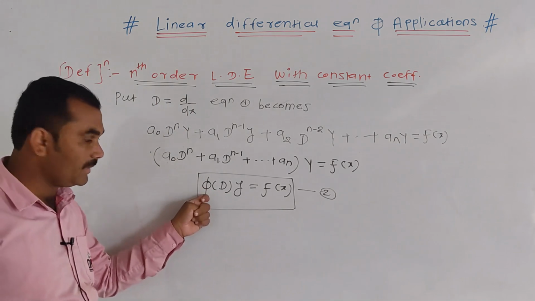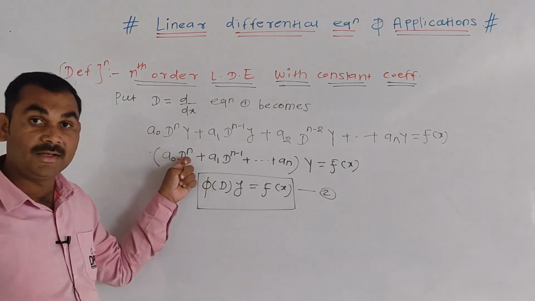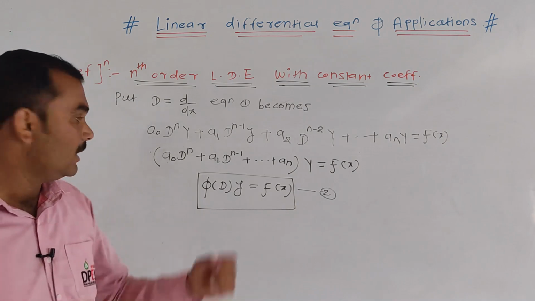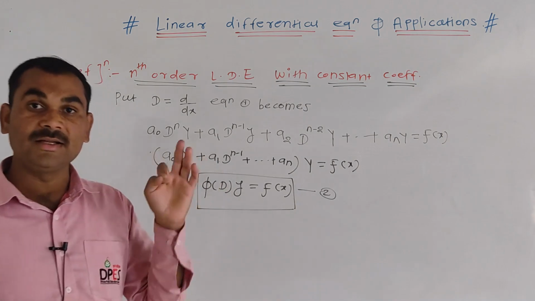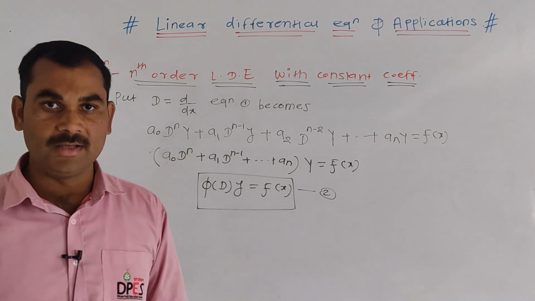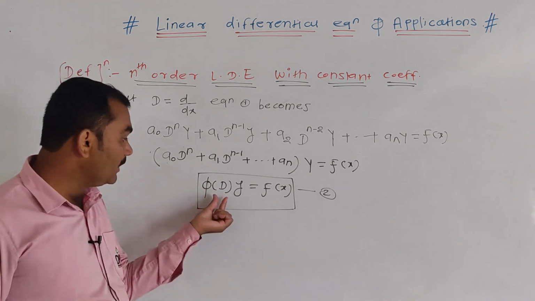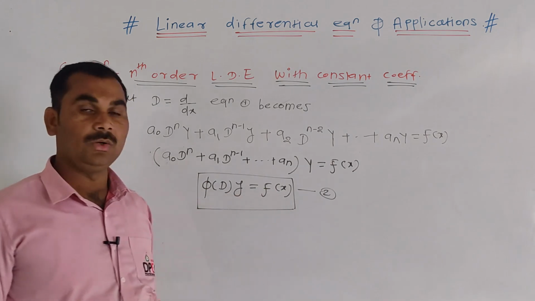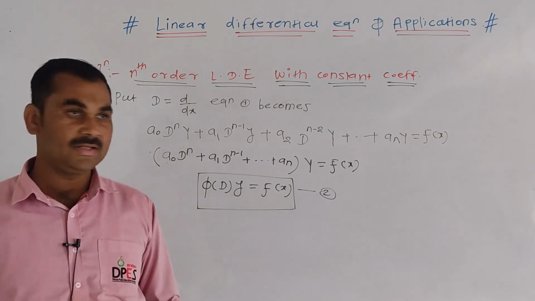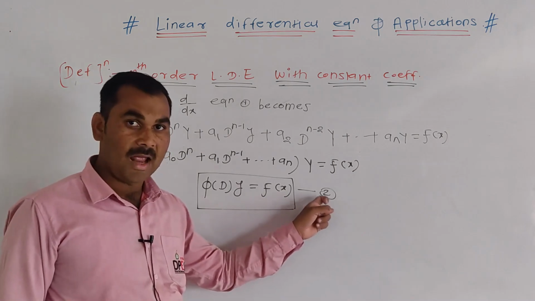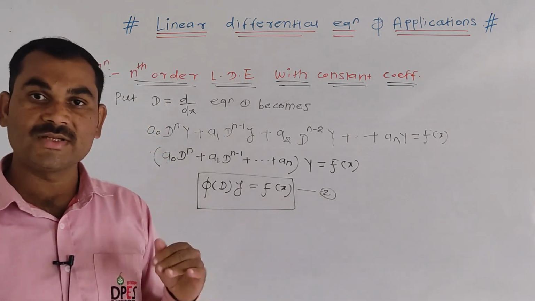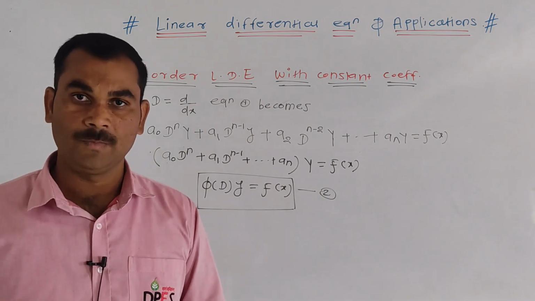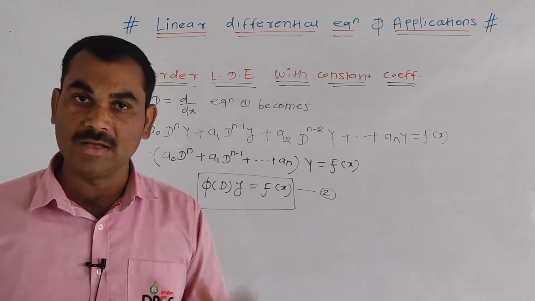Okay, here phi of D is nth degree equation in D. phi of D क्या है यहाँ पे? phi of D is nth degree equation in D. That is phi of D into y is equal to f of x. This is your equation second, and equation first and equation second, these two equations are equivalent.